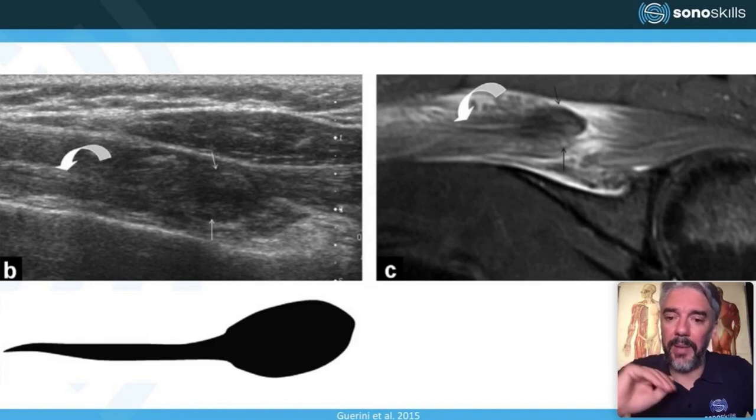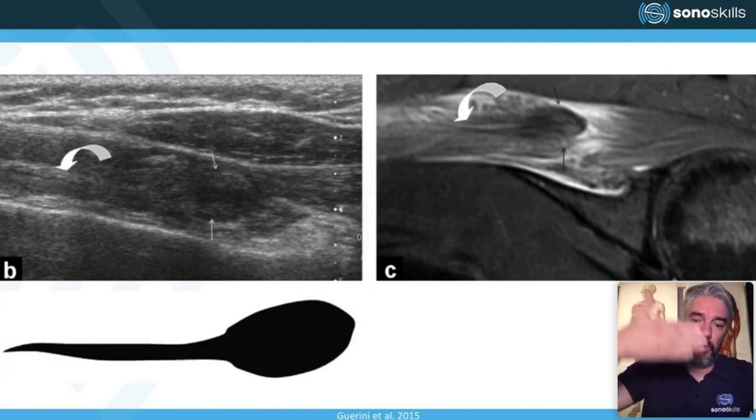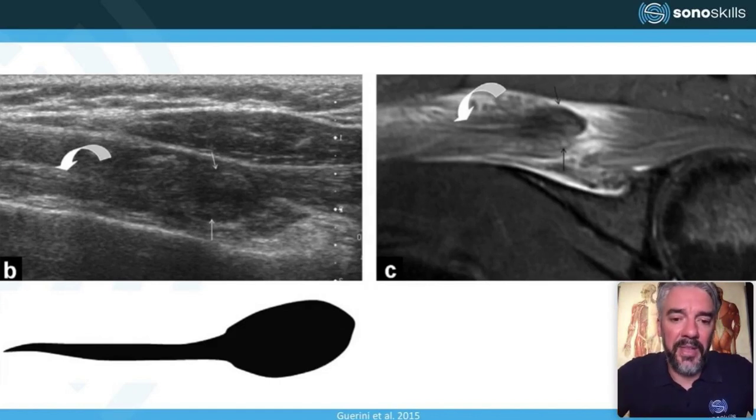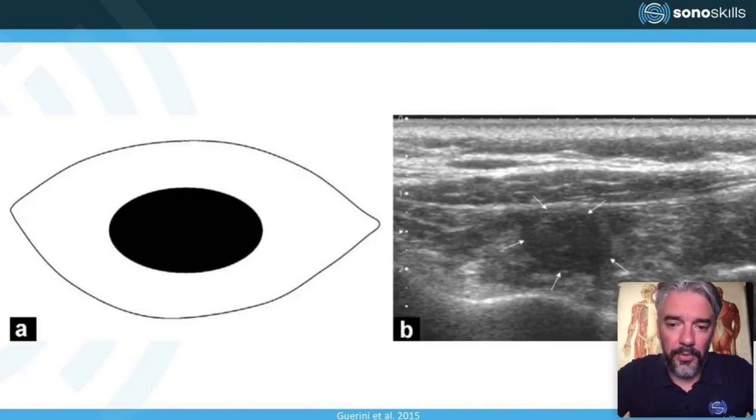And here, you can see the stapler sign in longitudinal. If I rotate the transducer to transverse, then the stapler sign becomes this black eye sign. We can see the head of the tadpole in transverse with the muscles surrounding.